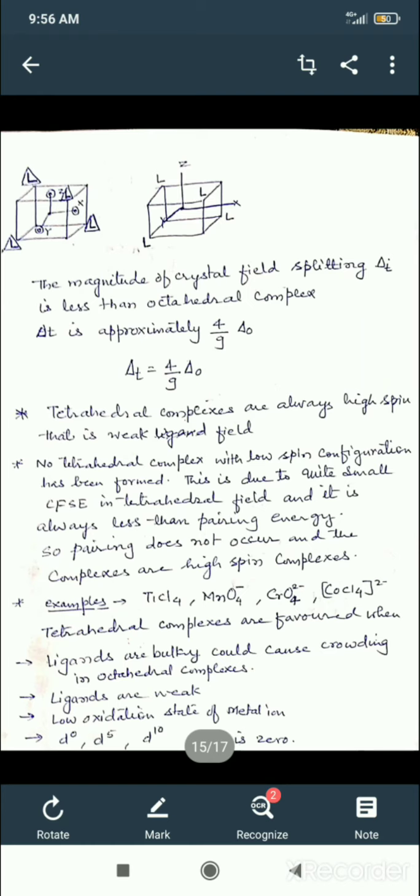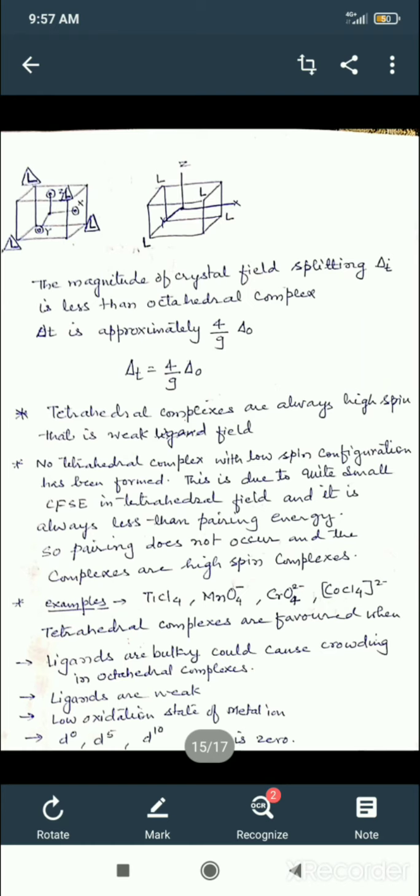Tetrahedral complexes are always high spin, that is, they have only weak field ligands. You have to treat them like weak ligand complexes. No tetrahedral complexes with low spin configuration have been formed, meaning no strong field complexes are formed.